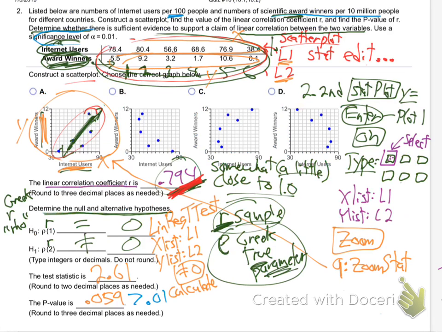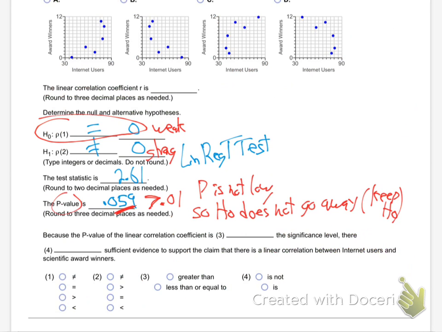We don't believe that internet users and award winners, there's not strong evidence they have a linear relationship. Because the p-value of the linear coefficient is greater than the significance level, there is not sufficient evidence to support the claim that there's a linear correlation between internet users and scientific award winners. There we go.